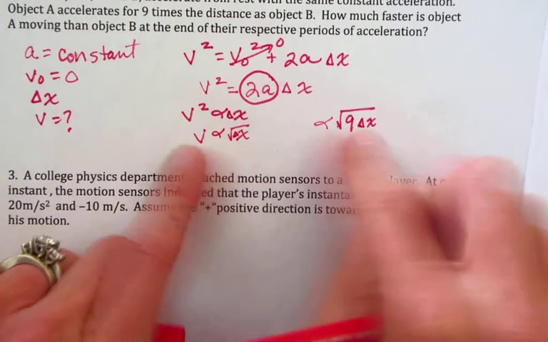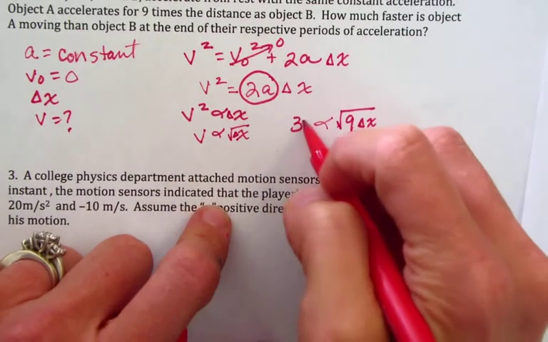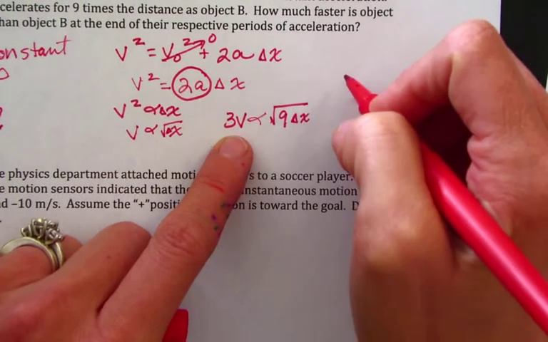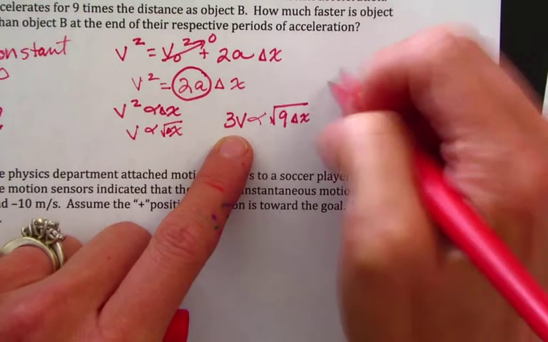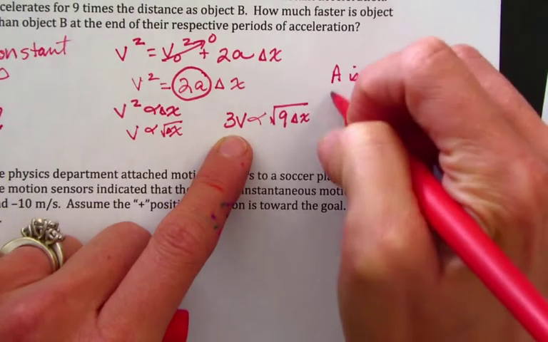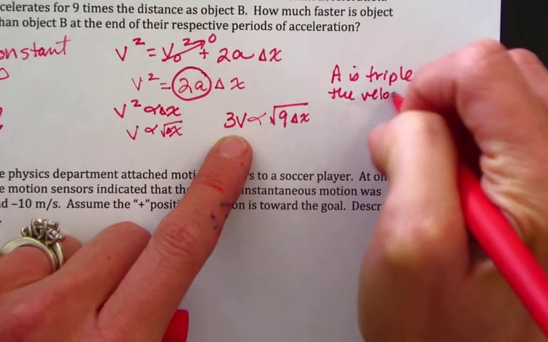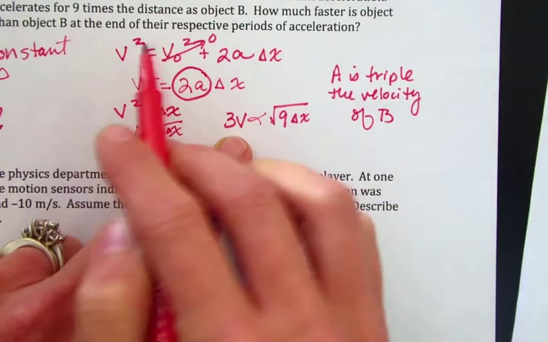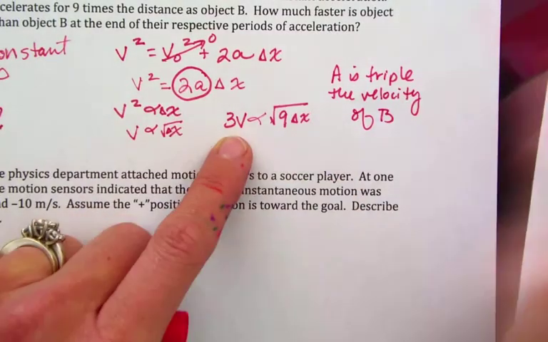So in order for this proportion to stay, this has to have a velocity that is 3 times greater. Or you can say A is triple the velocity of B at the end of that period.